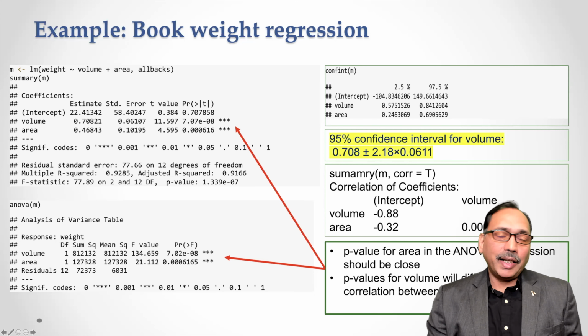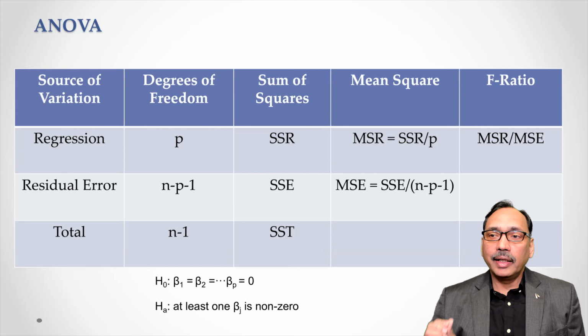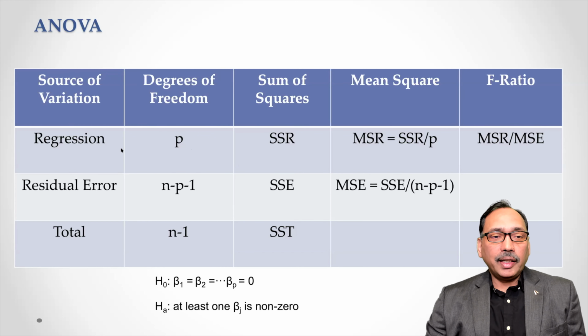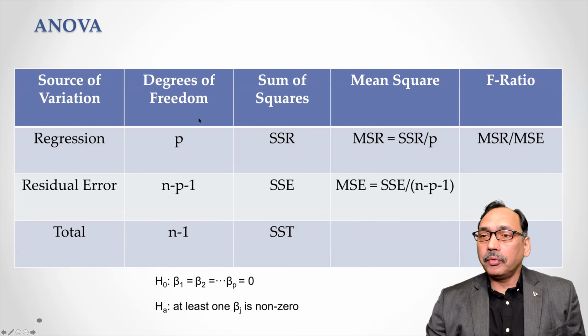So we'll do that. But if you look at ANOVA, I had shown you a similar pattern for the simple linear regression situation where you have only one independent variable and one dependent variable. But in multiple regression, if we have p independent variables, this is how your ANOVA table is going to look.